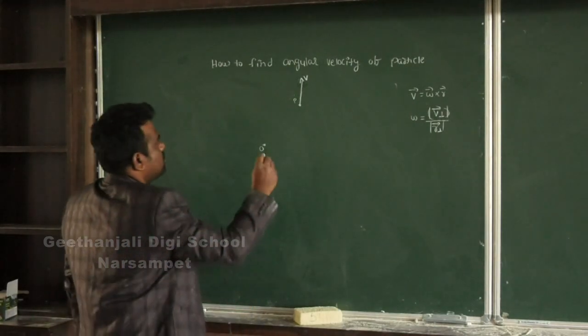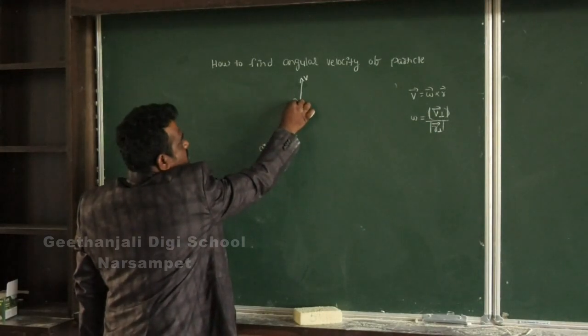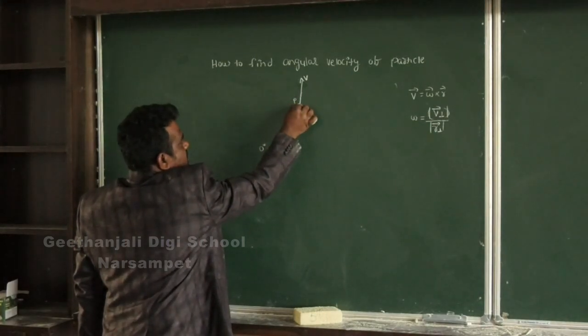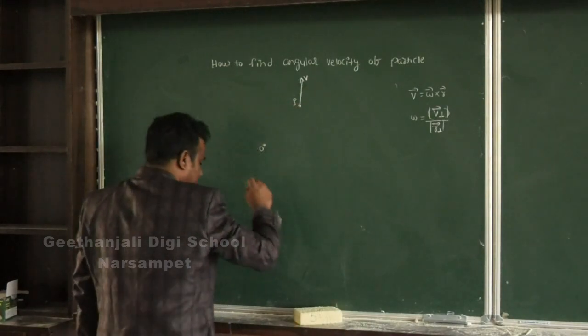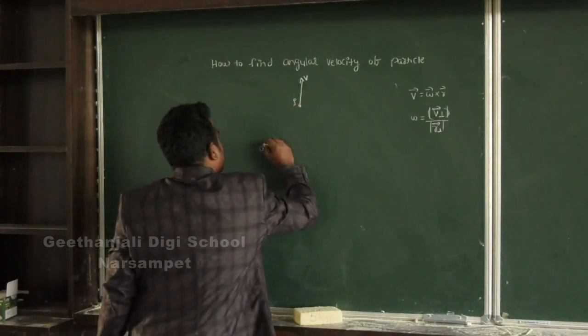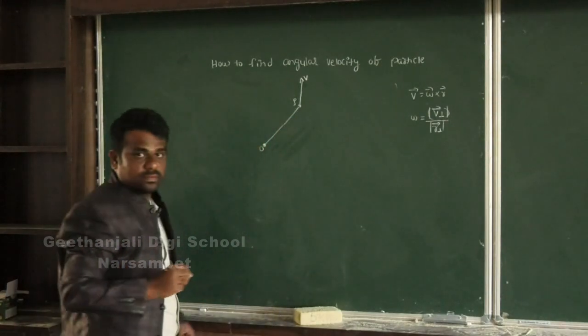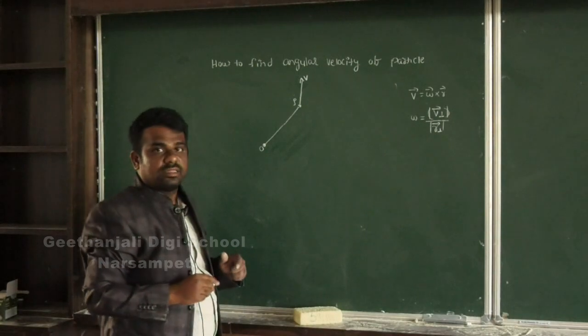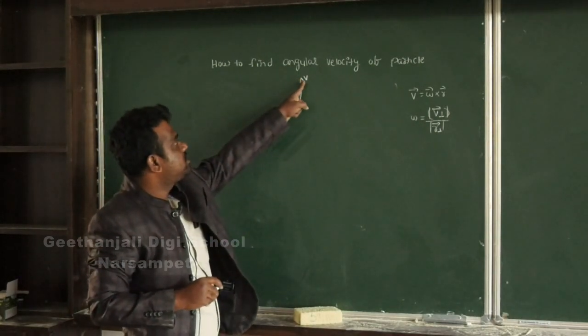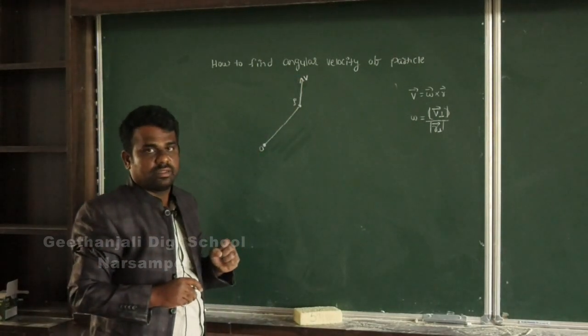So to know the angular velocity of the particle P, let us first draw the position vector of P with respect to O, like this. The second step, we have to resolve this velocity into two components.